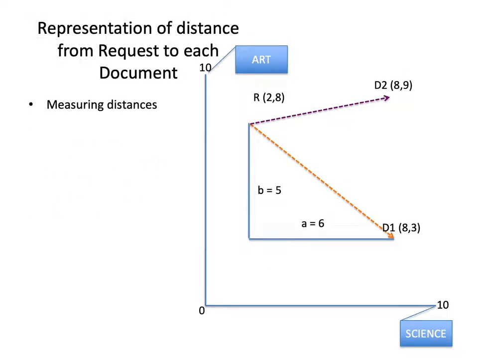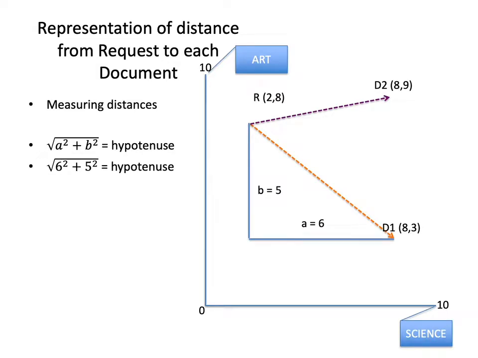We need the square root of 36 plus 25. This is handy with the calculator on your phone or your computer. Square root of 61 is 7.81 approximately. So we know that the length of the line from the request to document 1 is 7.81.